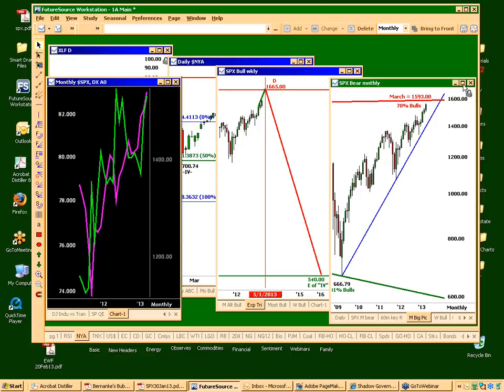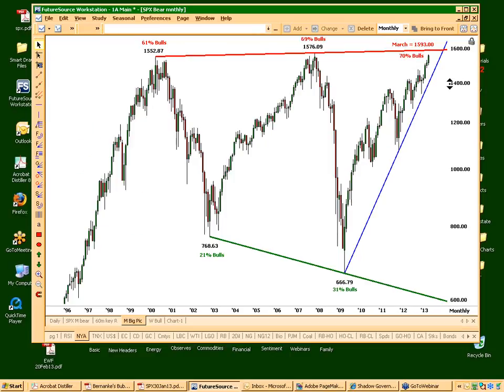That background is that this whole pattern that we've been in since the internet bubble peak, this is a monthly S&P 500, the larger pattern suggests what's known as a broadening top.